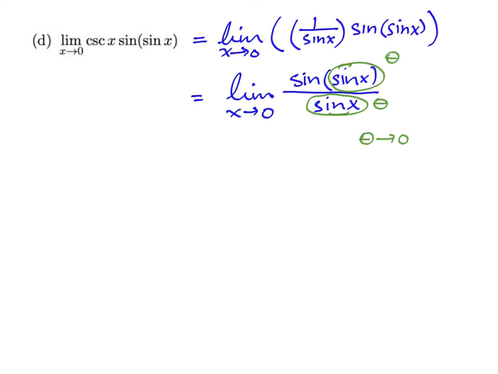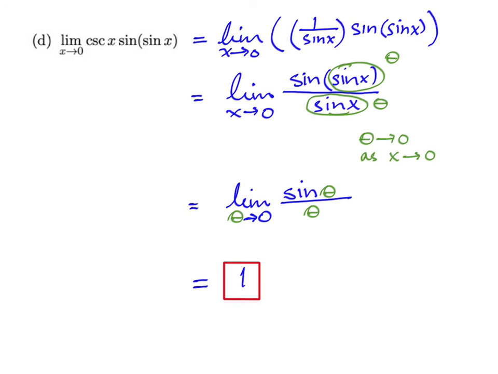Well, x going to 0 means that sine of x has to be going to 0, right? If x is approaching 0, the sine of x is approaching 0. So theta is approaching 0 as x approaches 0. So I need to rewrite it in terms of theta. So that limit above is the same as the limit as theta approaches 0 of sine of theta over theta. So the whole thing is just approaching 1.